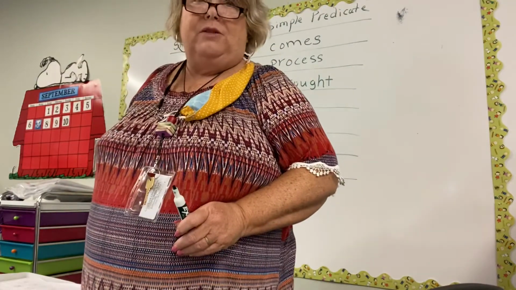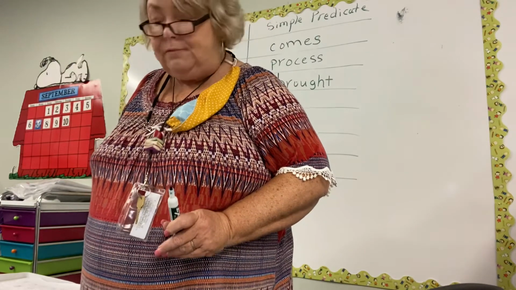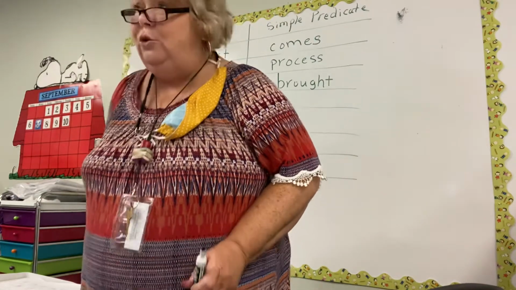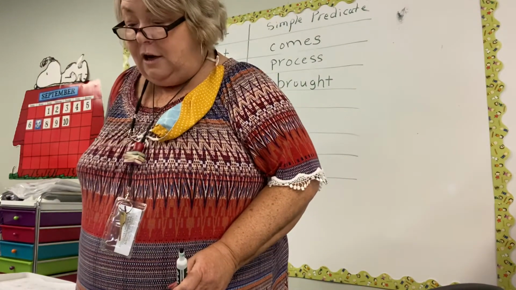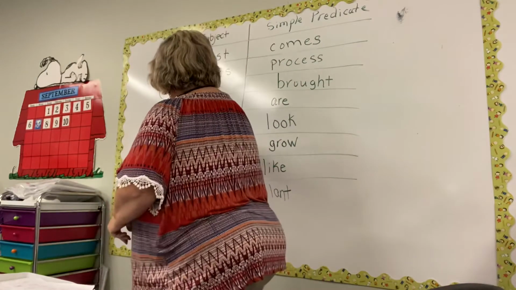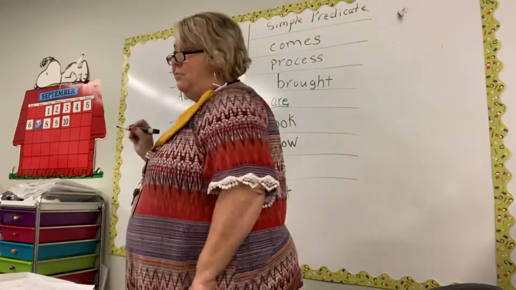Look down at the bottom with me real quick before you begin that. Apply and write. Write a sentence about something sweet you like to eat. Underline the simple subject once and the simple predicate twice. 2 lines under the predicate.